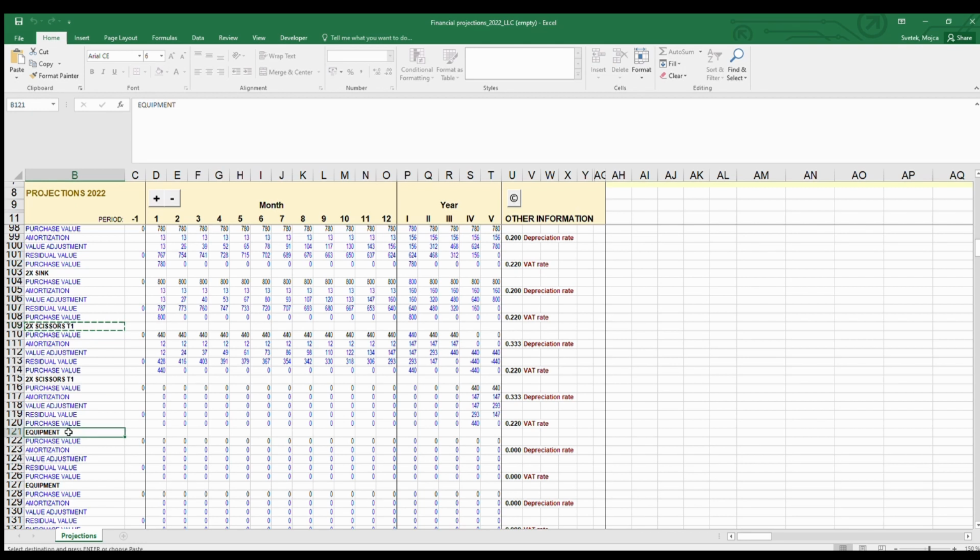Let's repeat the exercise with the second type of scissors, which cost 80 euros per pair.